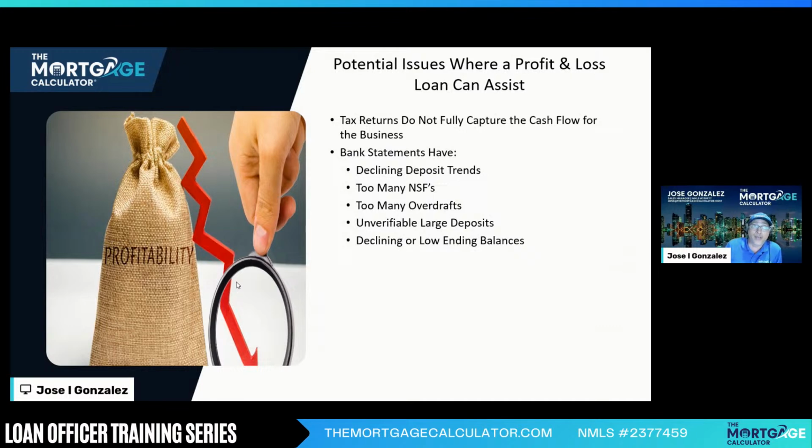So again, potential issues where a profit and loss loan can assist. First bullet point, pretty obvious. Tax returns do not fully capture the cash flow for the business. That was one of the issues this person had, except they tried to go full doc. Not going to happen.